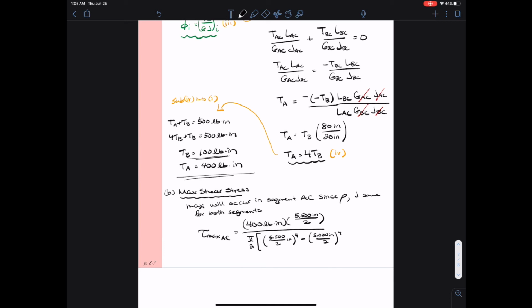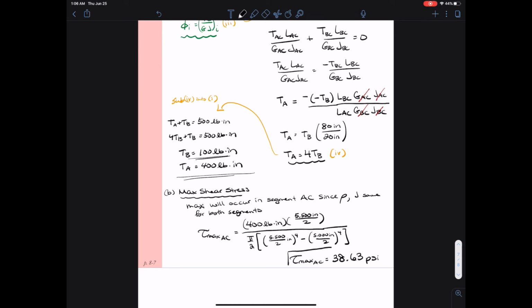I have the decimal places out to 3 because in structural engineering, when we deal with these tubular shapes, it's standard that the outside diameter is specified to the 3rd decimal point. So I'm just kind of using industry standard language there. Doing our calculations, we get that the max shear stress in segment AC calculates to be 38.63 pounds per square inch, because I have pounds on top and everything else is in inches.